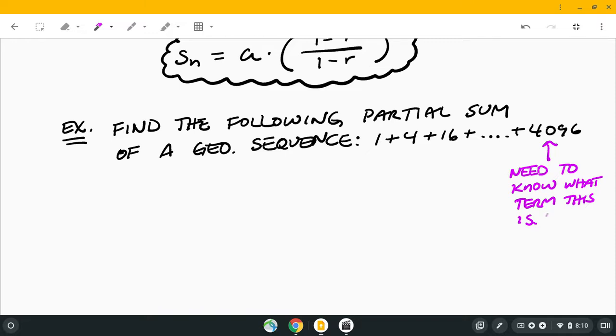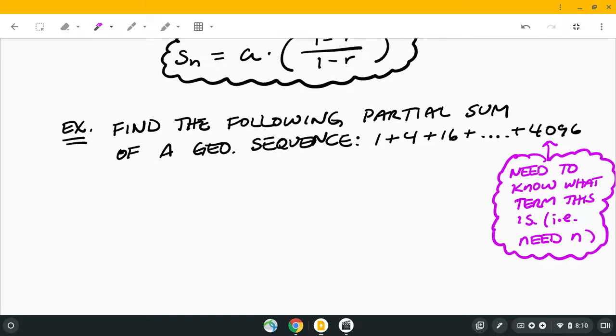We only know what n is if we know what term this is. If this is the 100th term, then we know that n is 100.